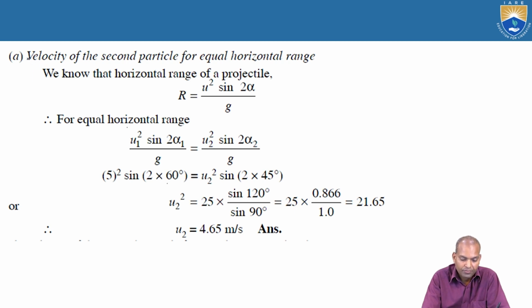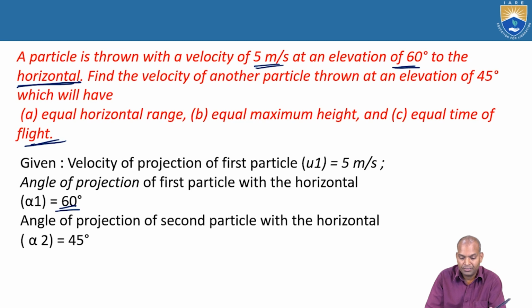Very important: the velocity of the second particle is to be calculated for equal horizontal range, equal maximum height, and equal time of flight. Under those three conditions, we have to find the velocities.